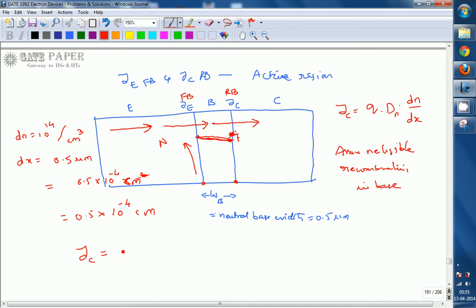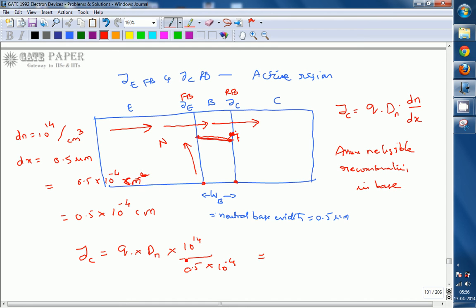Q is 1.6 into 10 power minus 19, DN is 25, and dN by dx is 10 power 14 divided by 0.5 into 10 power minus 4, all in centimeters.